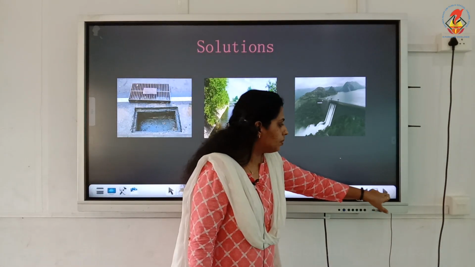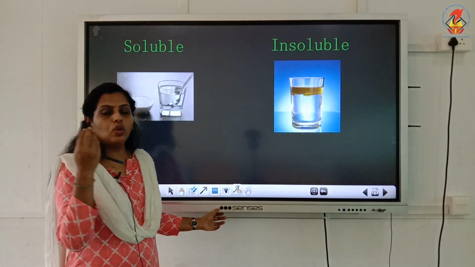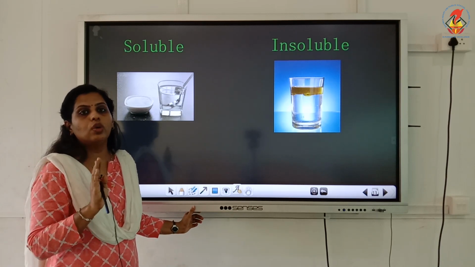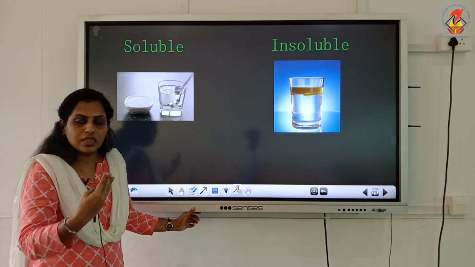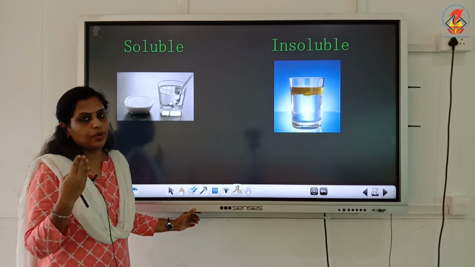Now, we said that when the water originates from the mountains, it is very pure, right? But when it starts flowing towards the villages, cities and towns, it starts turning into impure water.